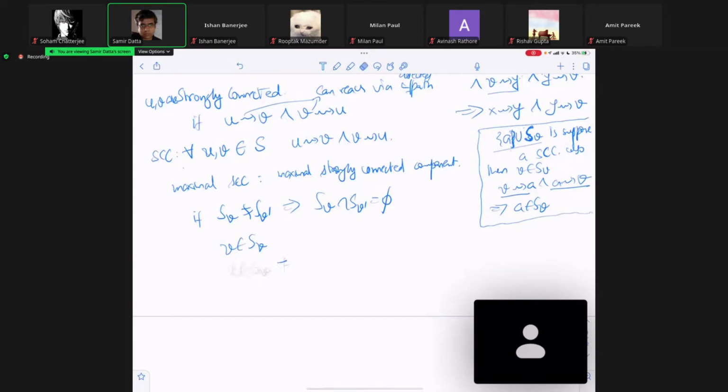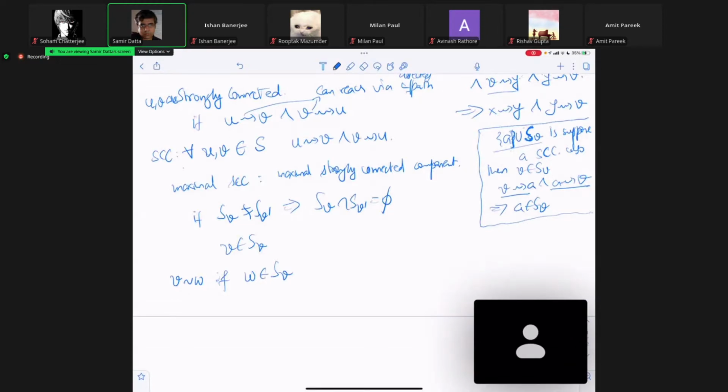So what do we have to prove for equivalence class? The equivalence class needs a relation, and the relation is V is related to W if W belongs to SV. Correct? This is suppose our relation.